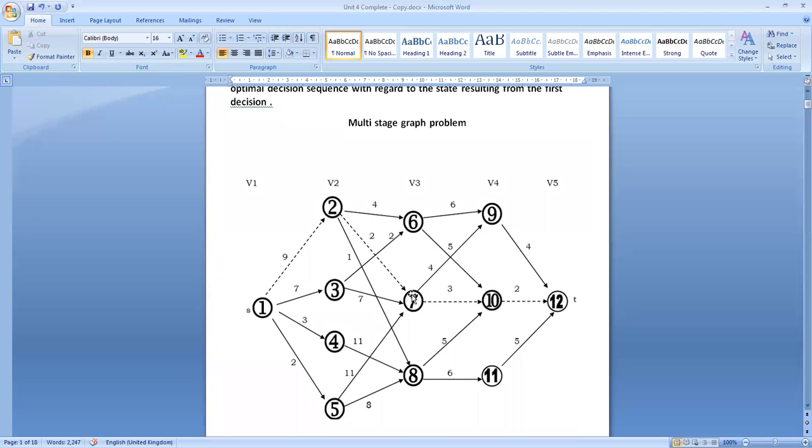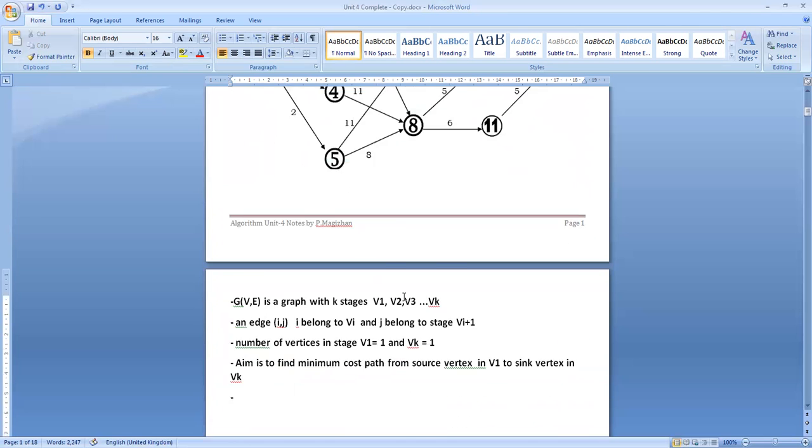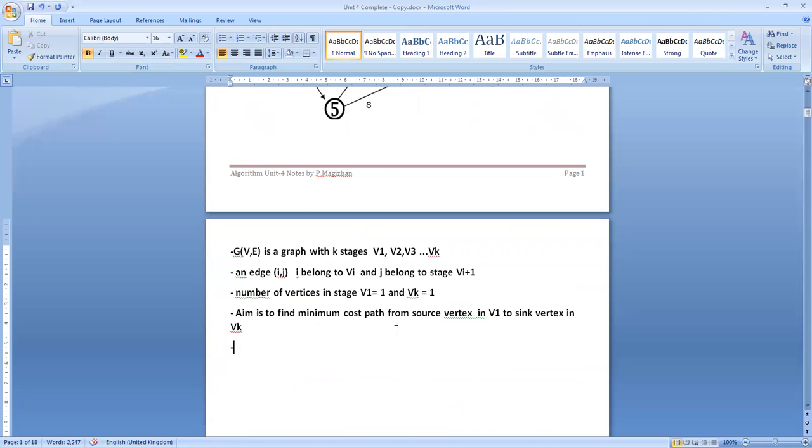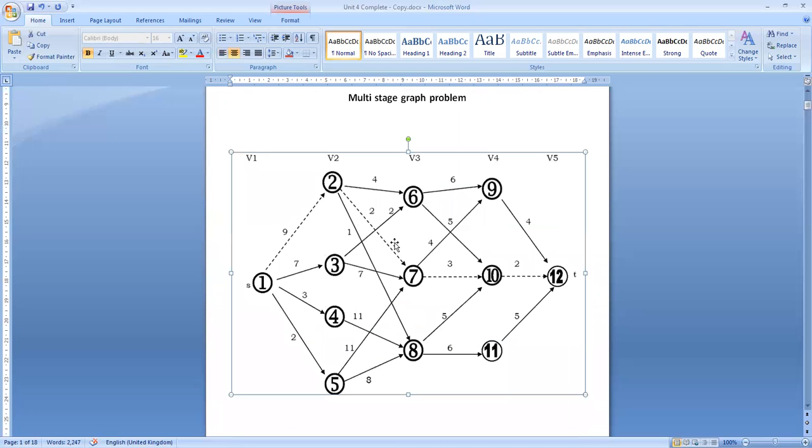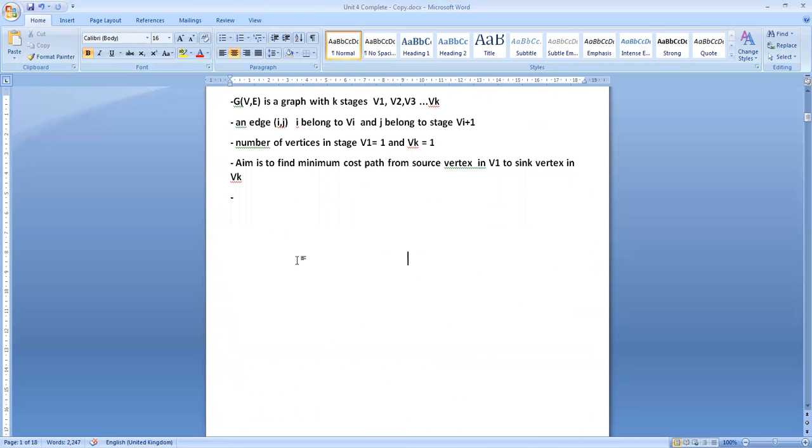Okay, we take this example problem itself. Now how are we going to solve this problem? We take the very same problem itself.